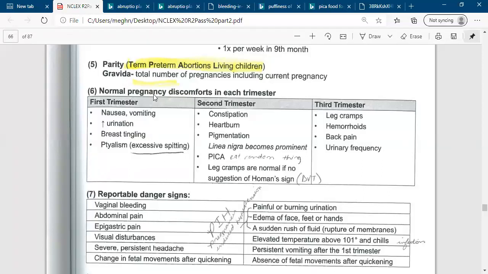So normal pregnancy discomforts in each trimester, right? When a mother comes to you for counseling, you tell them this is a sign, it is common, nothing abnormal. When you tell them this and the mother is aware about it, they will not panic, right?